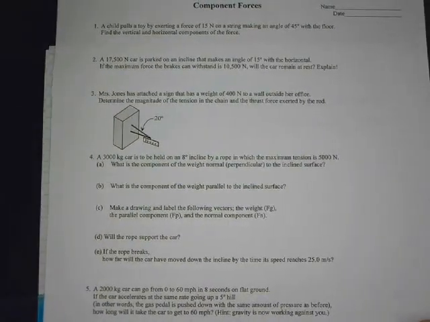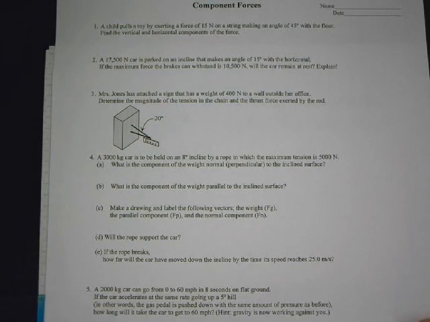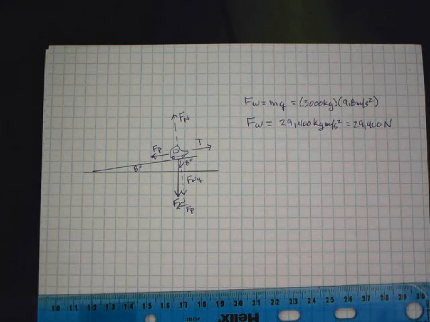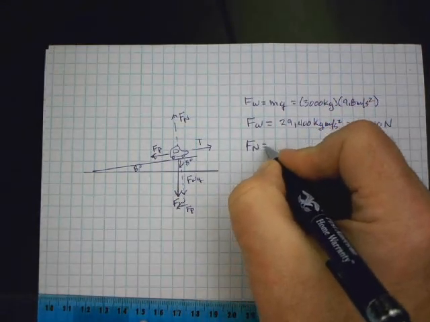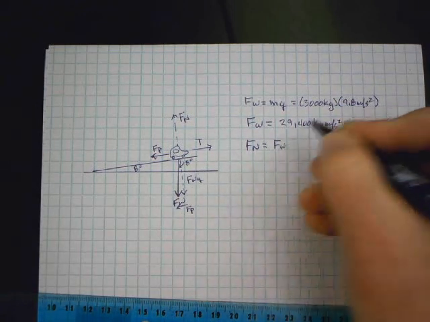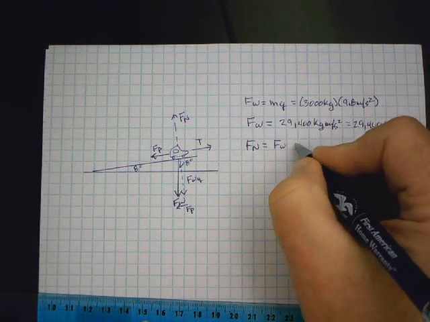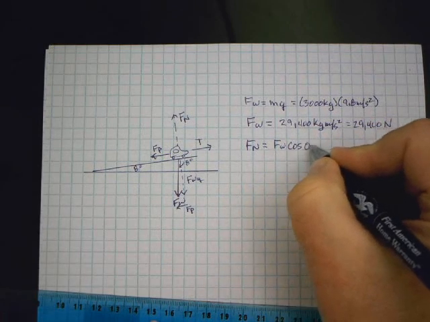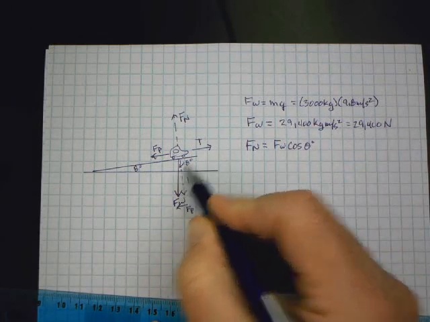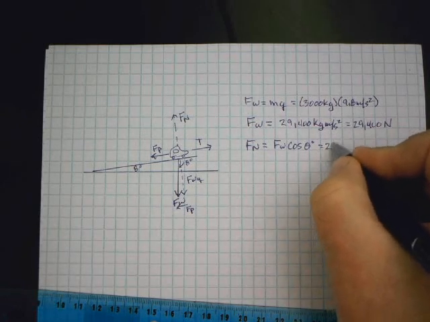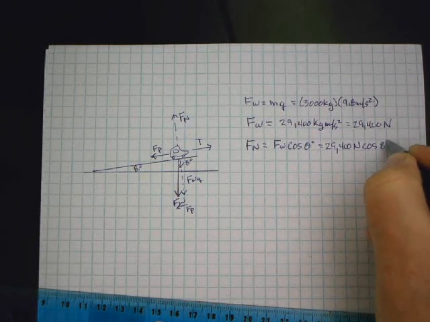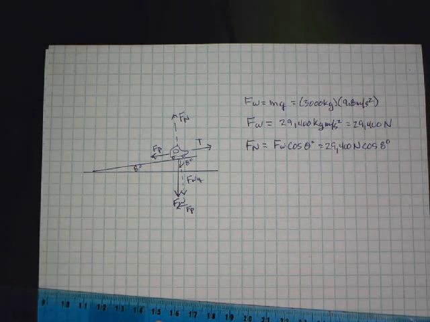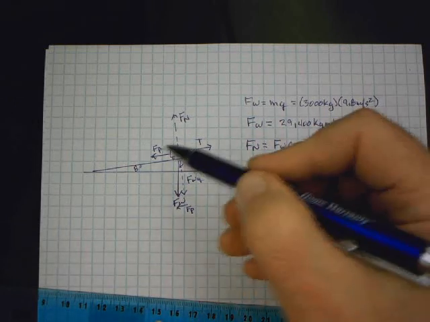Then part A, what is the component of the weight, normal, perpendicular to the inclined surface? So again, Fn will be Fw cosine of the angle, which in this case is the 8 degrees. So I'm going to have the 29,400. And if you're like, why is that cosine?